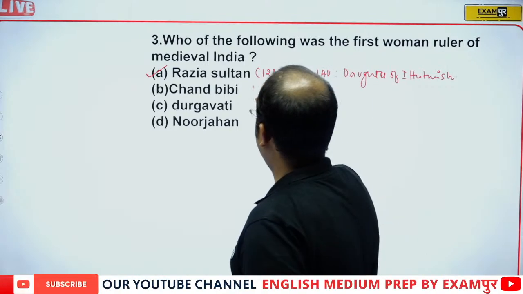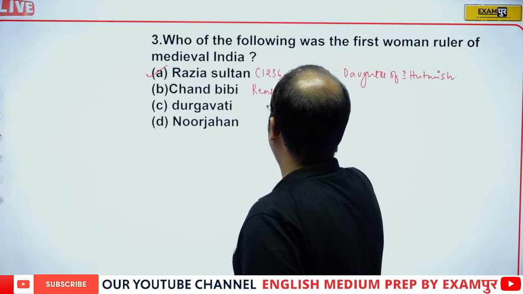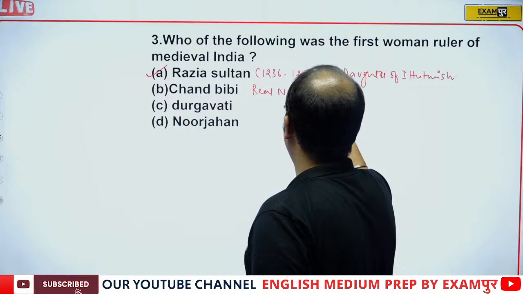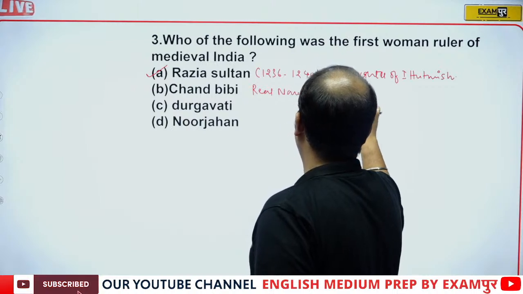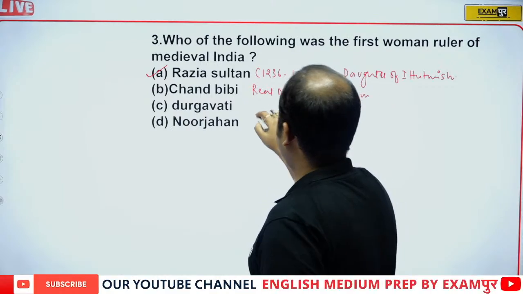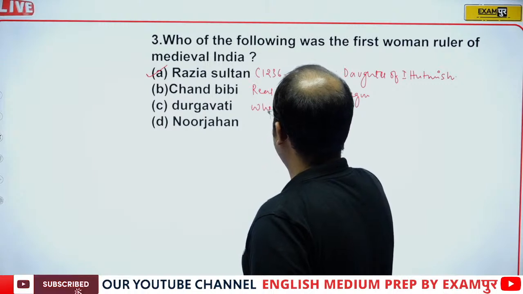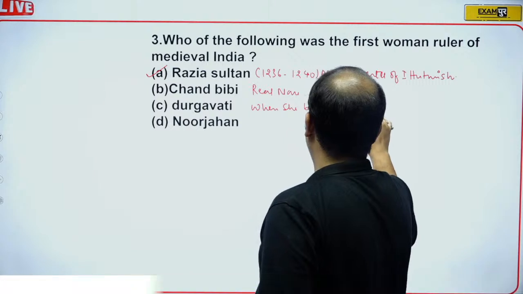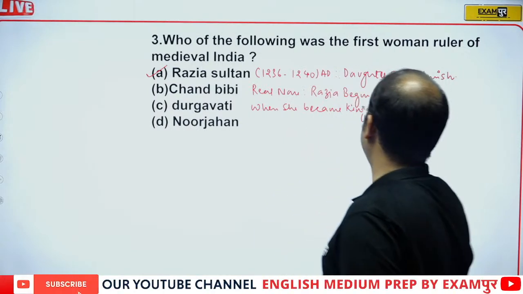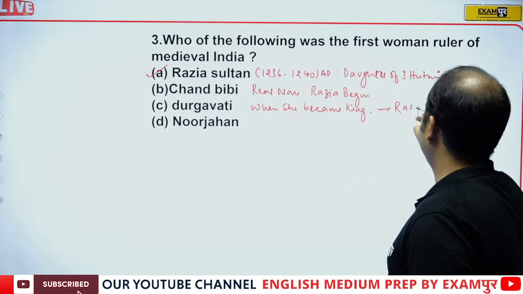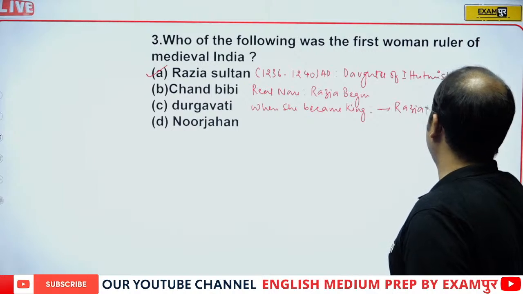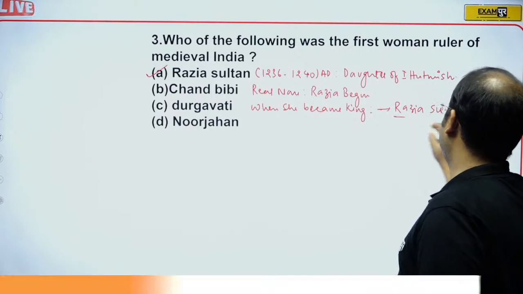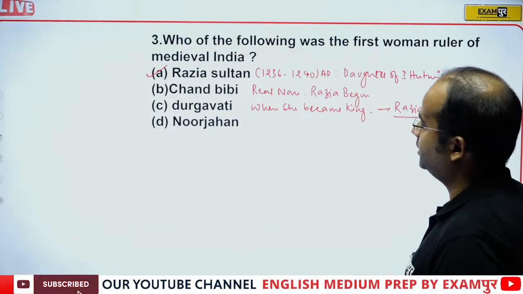Her real name was Razia Begum, and when she became king, she called herself Razia Sultan.